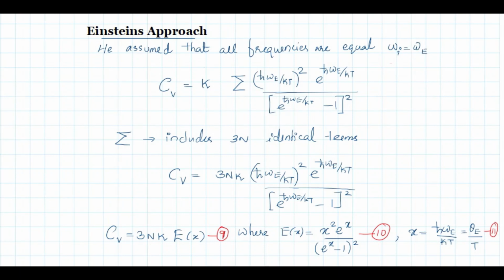Then Cv becomes k into sigma, h cut omega E by kT whole square, e raised to h cut omega E by kT divided by e raised to h cut omega E by kT minus 1 the whole square.